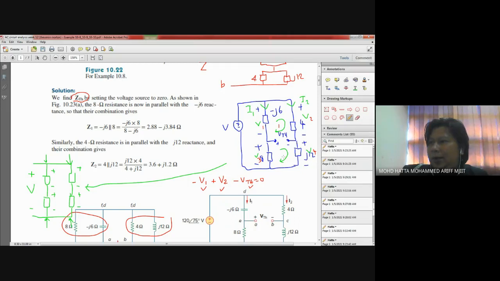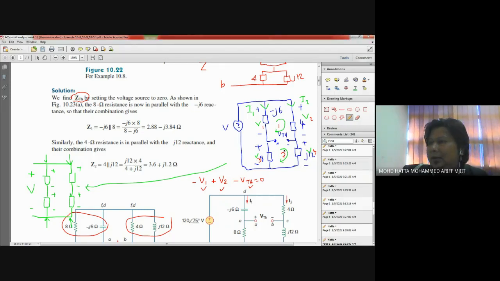If you look at using this second loop, maybe I change the color, this time I will use blue.